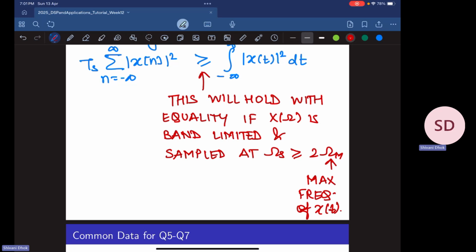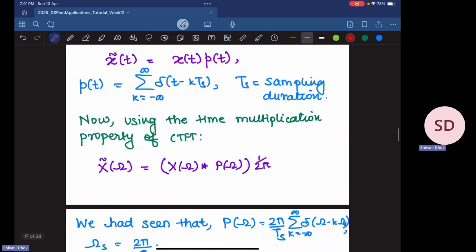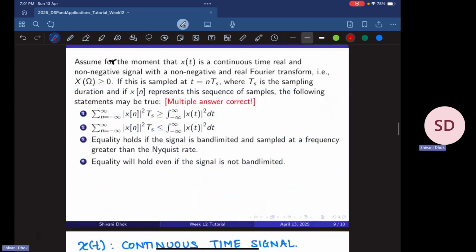Is it clear? So what is the final answer that we get? We get that this is correct and equality holds if the signal is band limited and sampled at a frequency greater than the Nyquist rate. Okay, is it clear?